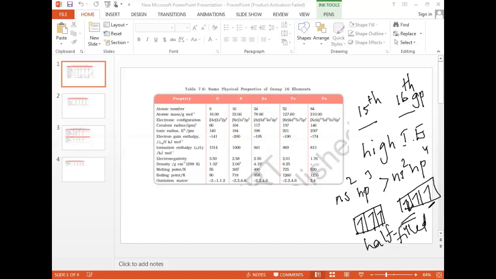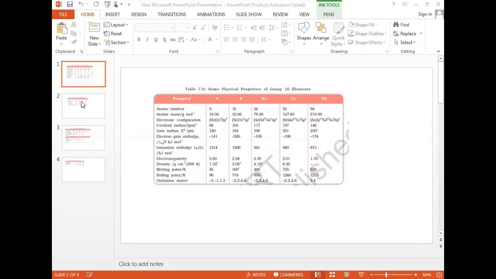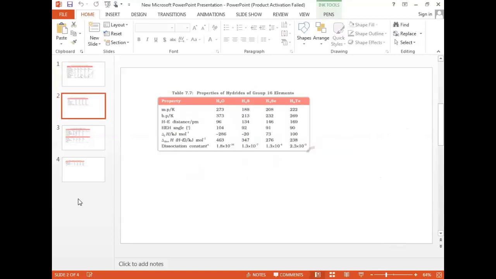Now come to the next one, that is the compounds of this particular group. First we are going to see the hydrides of the 16th group elements.